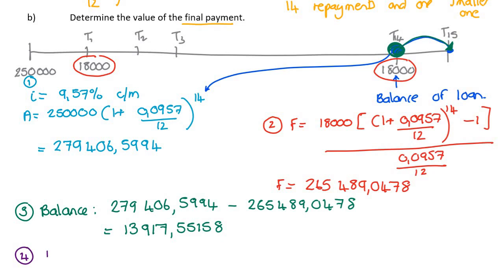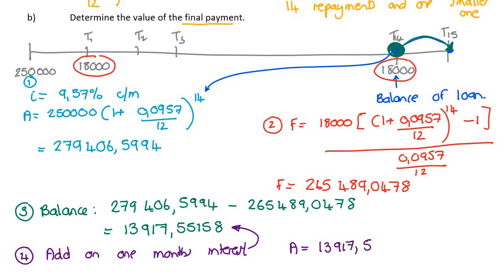So in my fourth step I now need to add on 1 month's interest to this balance. So basically, last payment is really balance of the loan, but then just an extra step because you have to say, I owe 13,917 Rand and all of these funny cents, but I must add on interest for 1 month because 1 month later I will pay that amount.